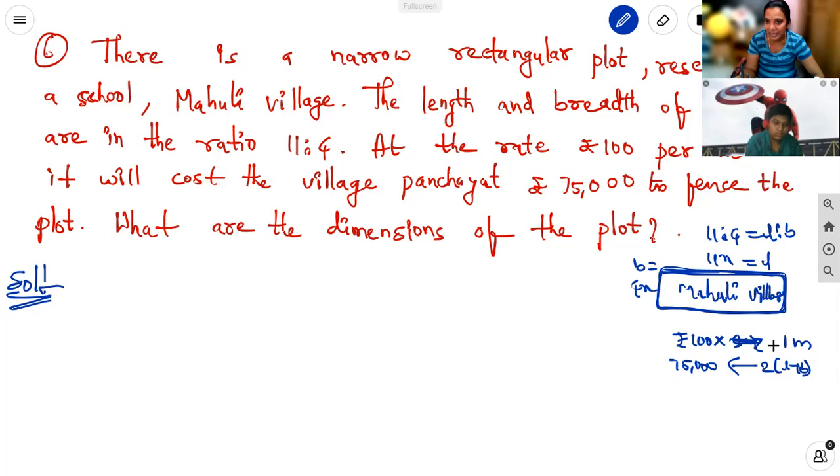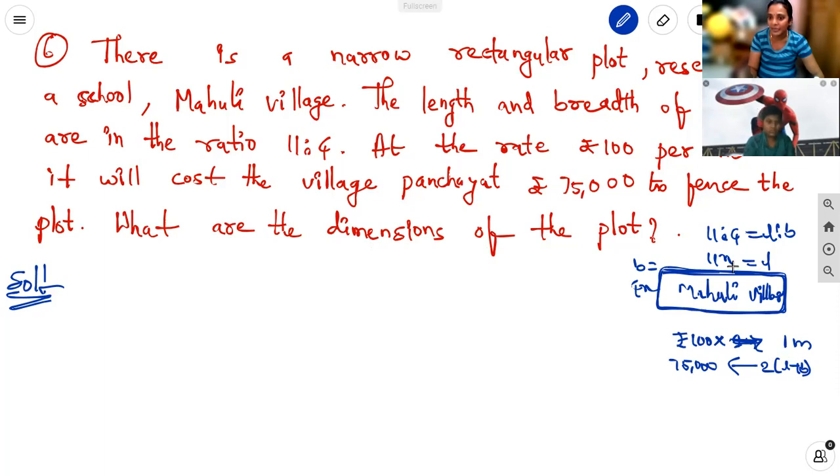From this relation we can calculate the dimensions of the plot. We calculate x, then substitute the x value to get the dimensions. They have given the relation of the rectangular plot with the fencing cost.